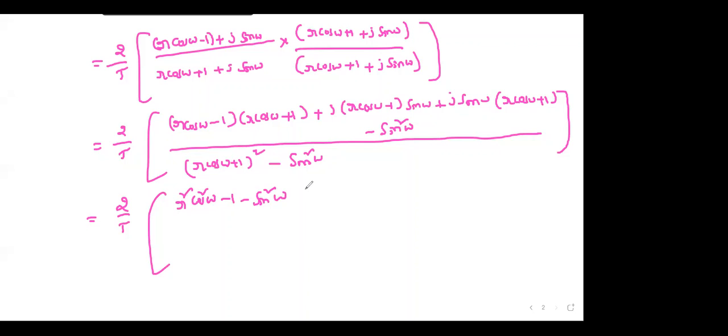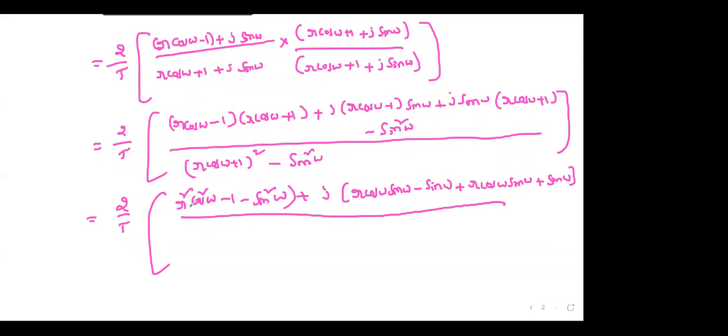And then the imaginary part. So plus j into the total imaginary part I will write. So here r cos omega sin omega minus sin omega, and here plus r cos omega sin omega plus sin omega, divided by, this is the real part, divided by the denominator, which is (a plus b) whole square.